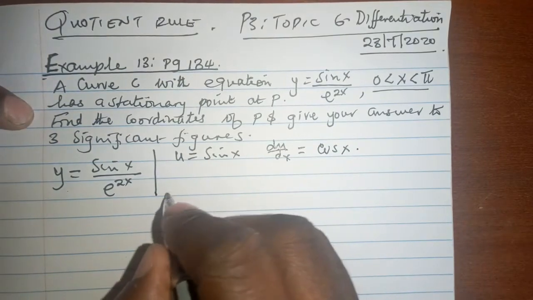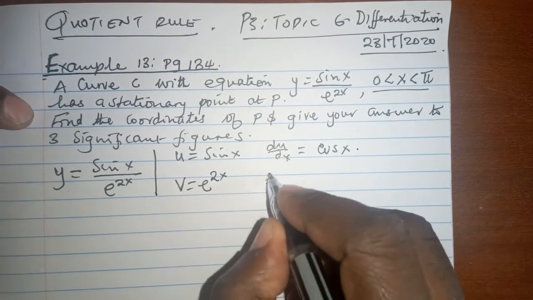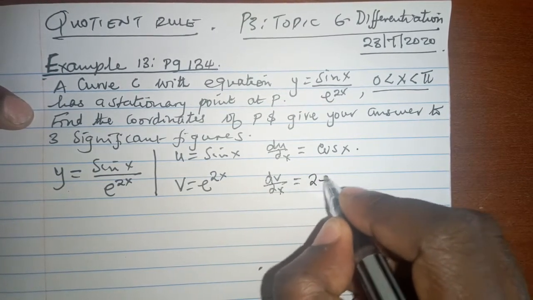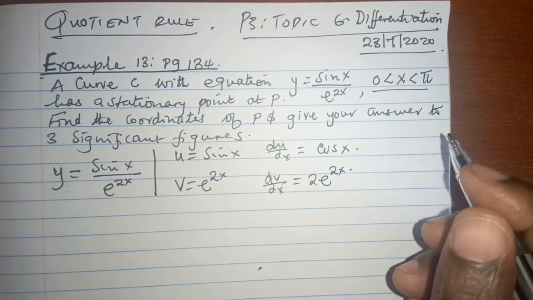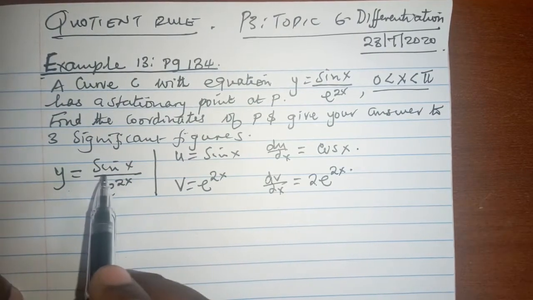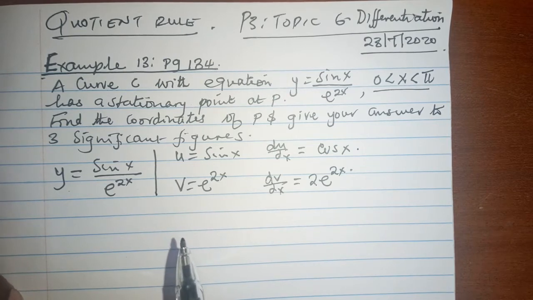At the same time, v is e raised to power 2x and dv dx is 2e raised to power 2x. Because we have a numerator and a denominator, we have no choice apart from using the quotient rule.